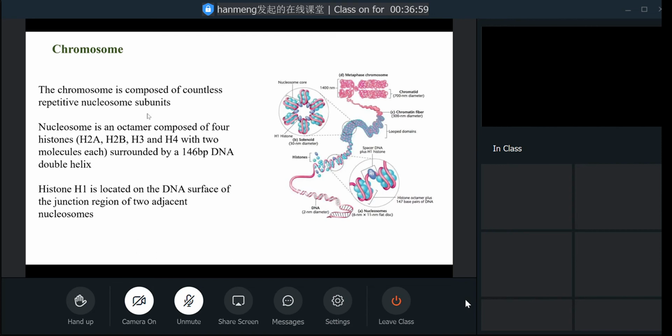The nucleosome is an octamer composed of 4 histones with 2 molecules each, surrounded by 146 base pairs of DNA double helix. Here, this picture shows the nucleosomes.